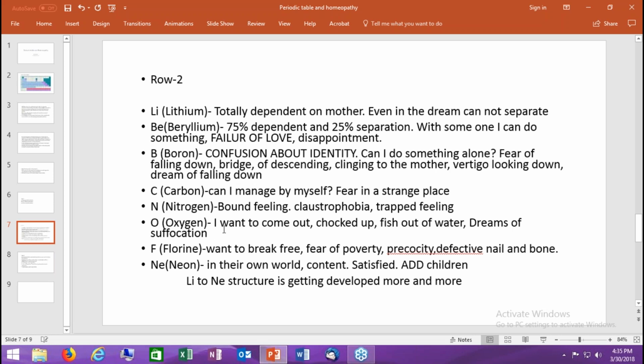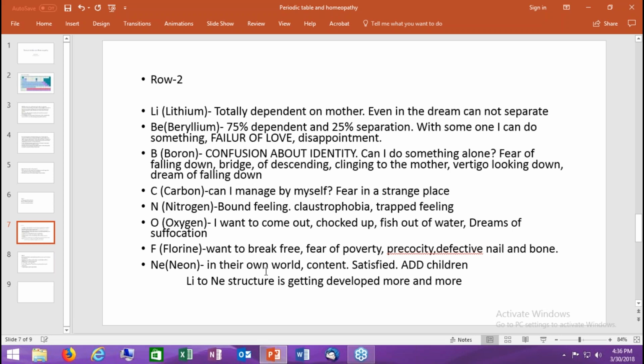Here there is dissatisfaction in oxygen, nitrogen, fluorine, and here there is a confusion, and here there is a lack of identity. Fear, here there is a fear of separation, and here there cannot be a question of separation, totally dependent. But in case of neon, neon means the child is in his own world.